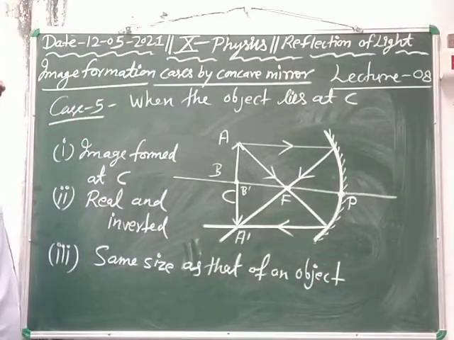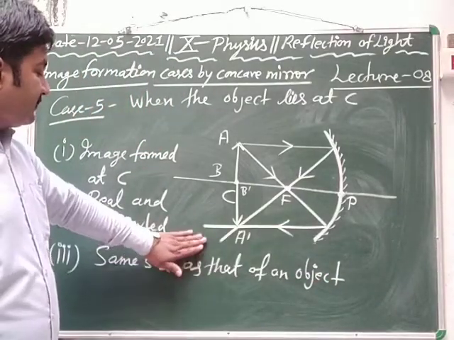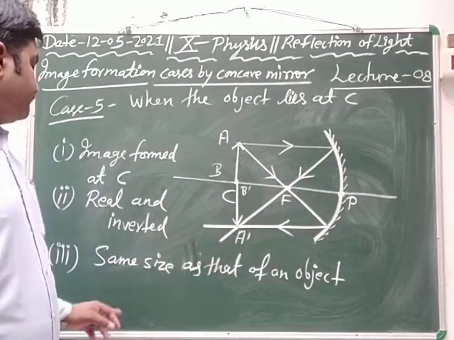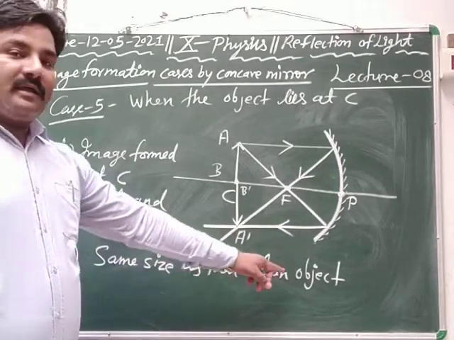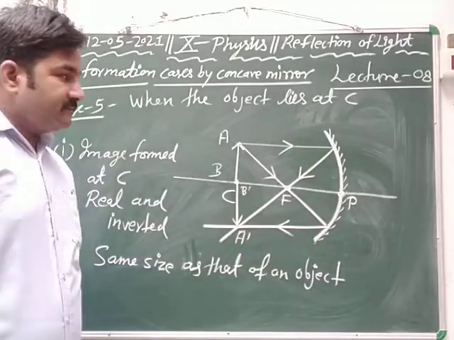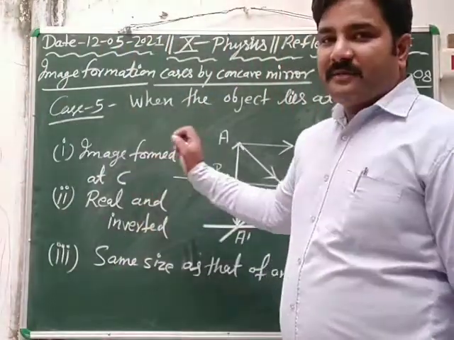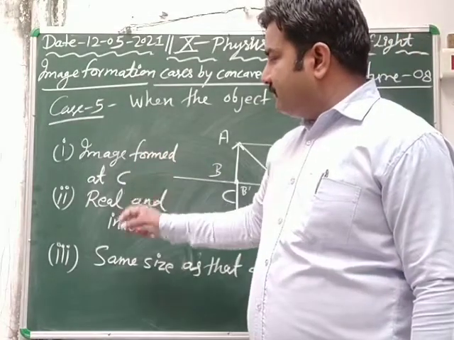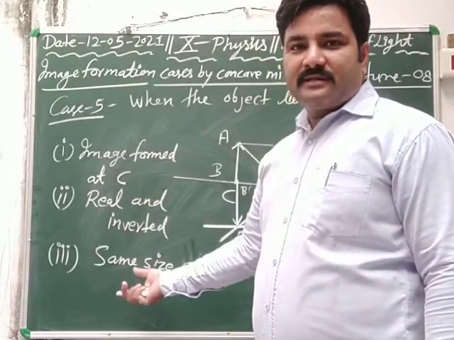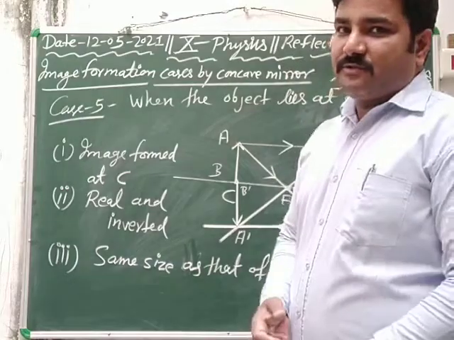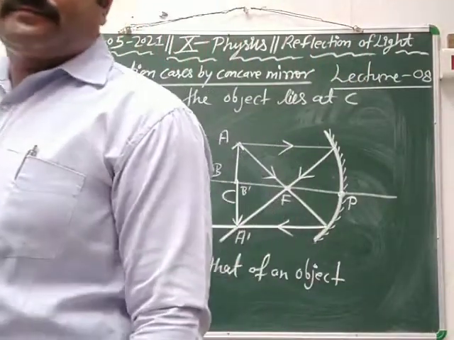Clear? The size of the image is just the same as the object size. Clear? The three important characteristics about the image: position, nature and size. So just note down all these three terms.